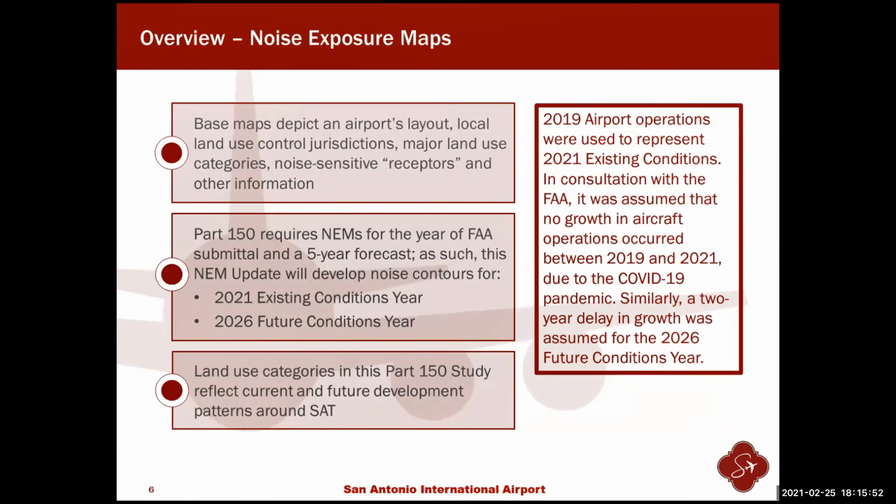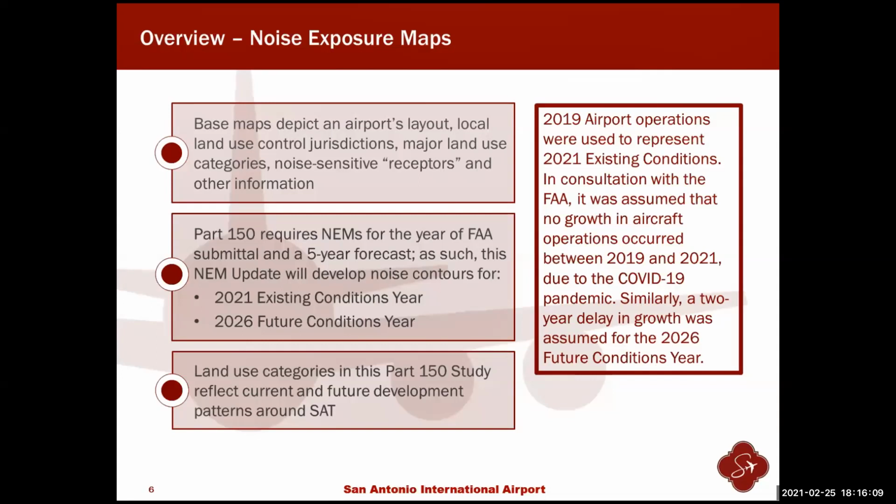Therefore, this study will develop noise contours for the 2021 existing conditions, or baseline year, and the 2026 future conditions year. For this Part 150 study, 2019 airport operations were used to represent the 2021 baseline operations.